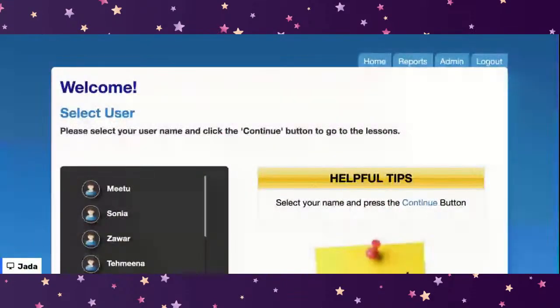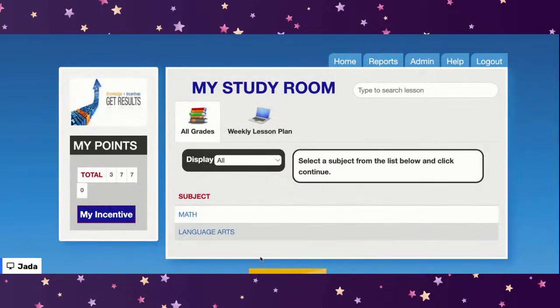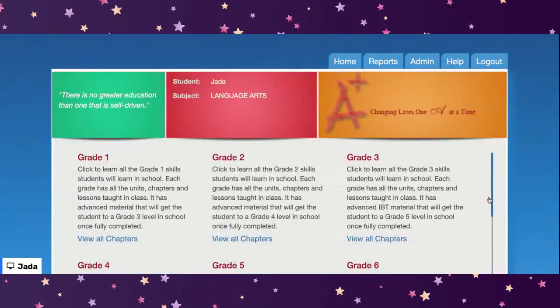Today we'll be having subject and object pronouns. First of all, you log in using aplusstudent.com and then you click on your name here. Go to language arts and then grade 6.